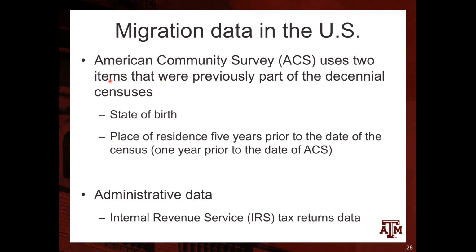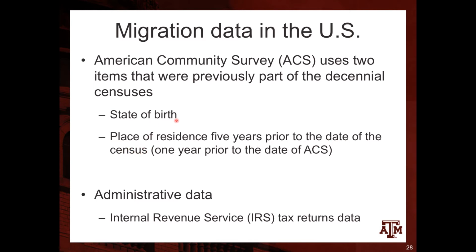And these items, these variables, these questions, were previously part of the decennial censuses up to 2000. So the decennial census in the US, or the demographic census, until 2000 had a long form, as I mentioned before in the course, that asked people more questions, related to state of birth and place of residence 5 years prior to the date of the census.